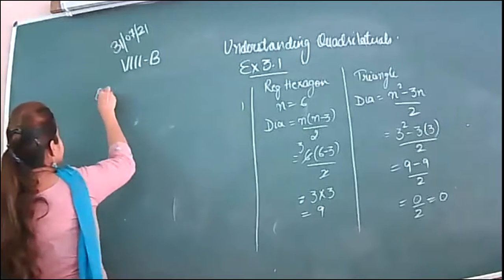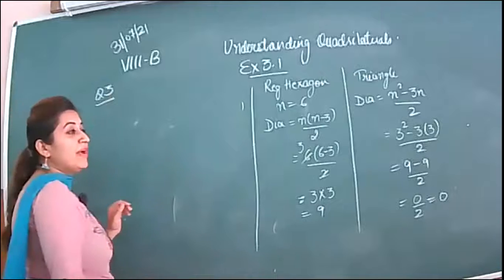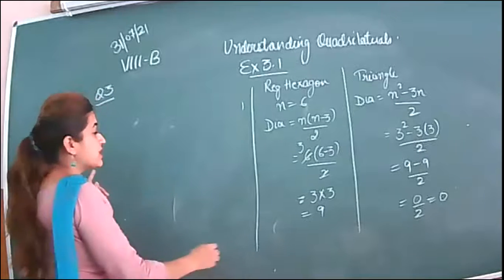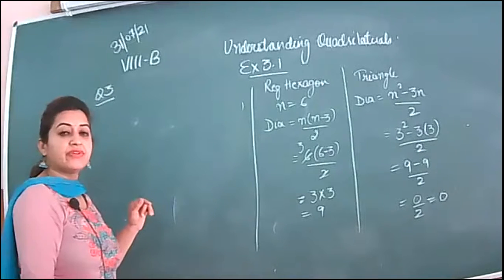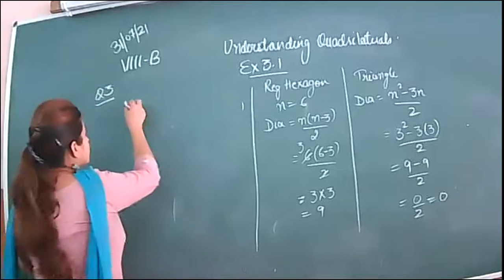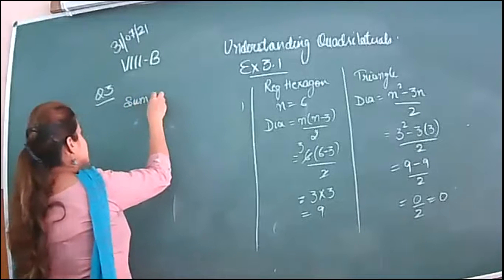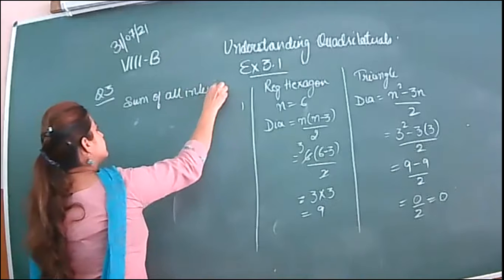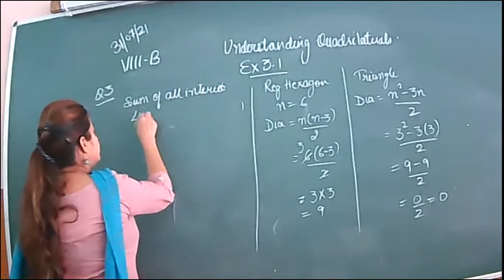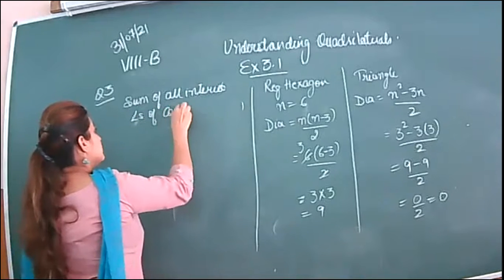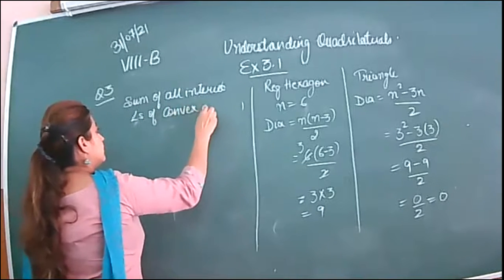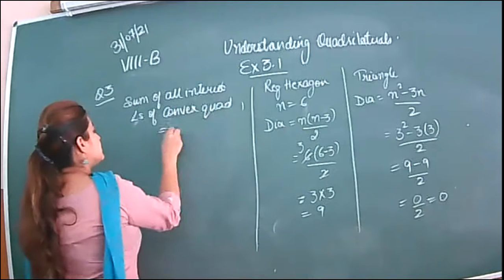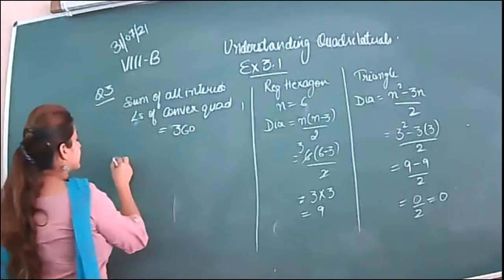Question number 3 is, you have been given a convex quadrilateral. What is the sum of all the angles of a convex quadrilateral? Yes, 360. Sum of all interior angles of a convex quadrilateral is 360.